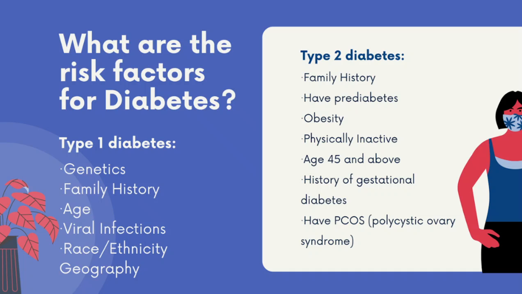There are several factors that make it more likely that you'll develop type 1 diabetes, especially if you have this gene or genetic marker that makes you susceptible to diabetes. That genetic marker is located on chromosome 6, and it is the HLA, or the human leukocyte antigen complex.